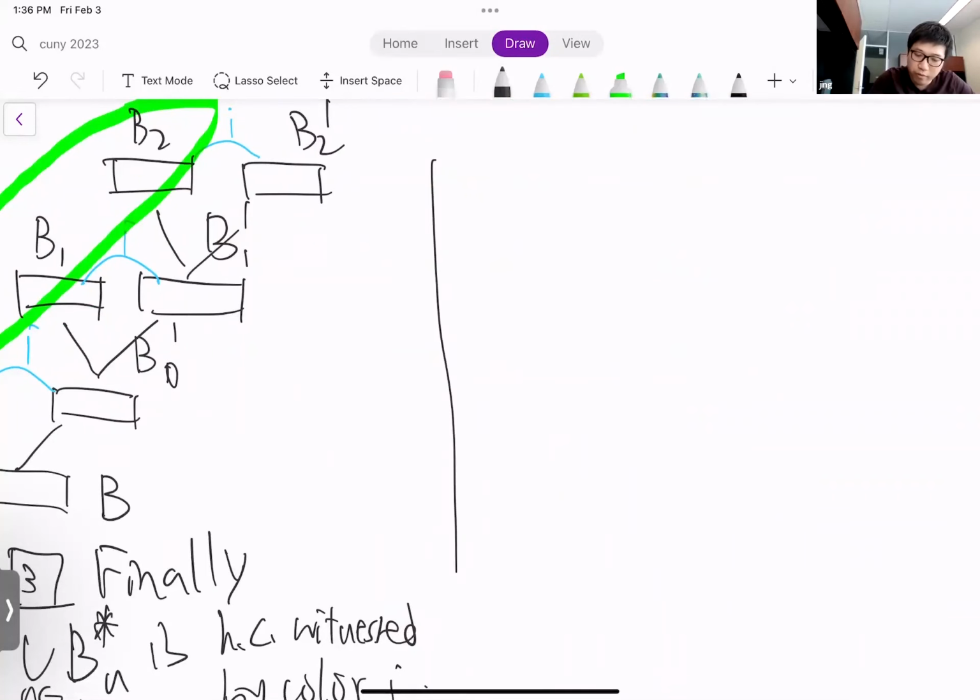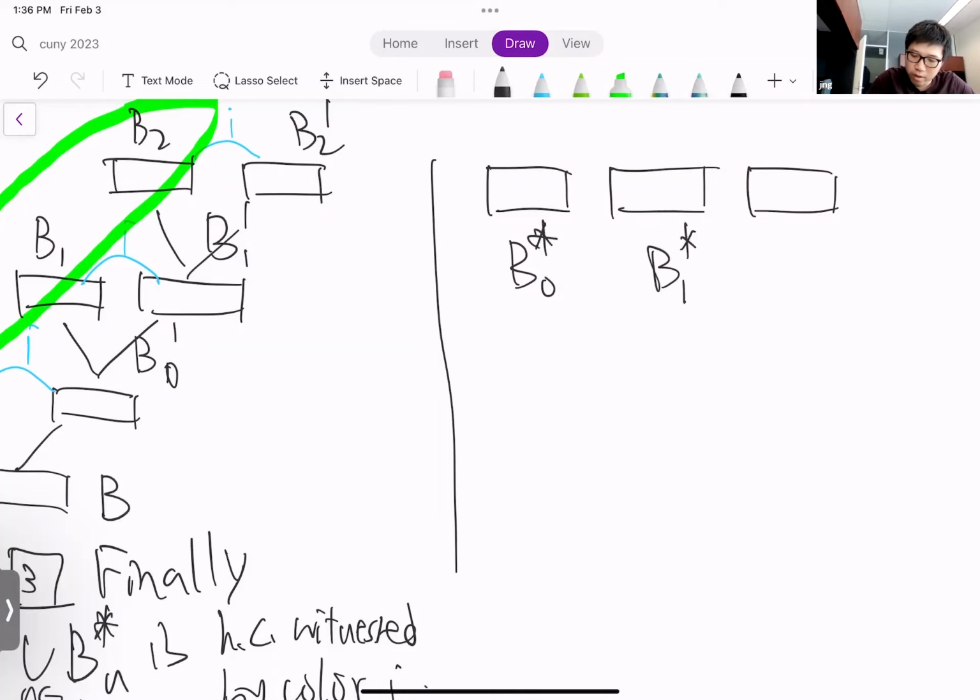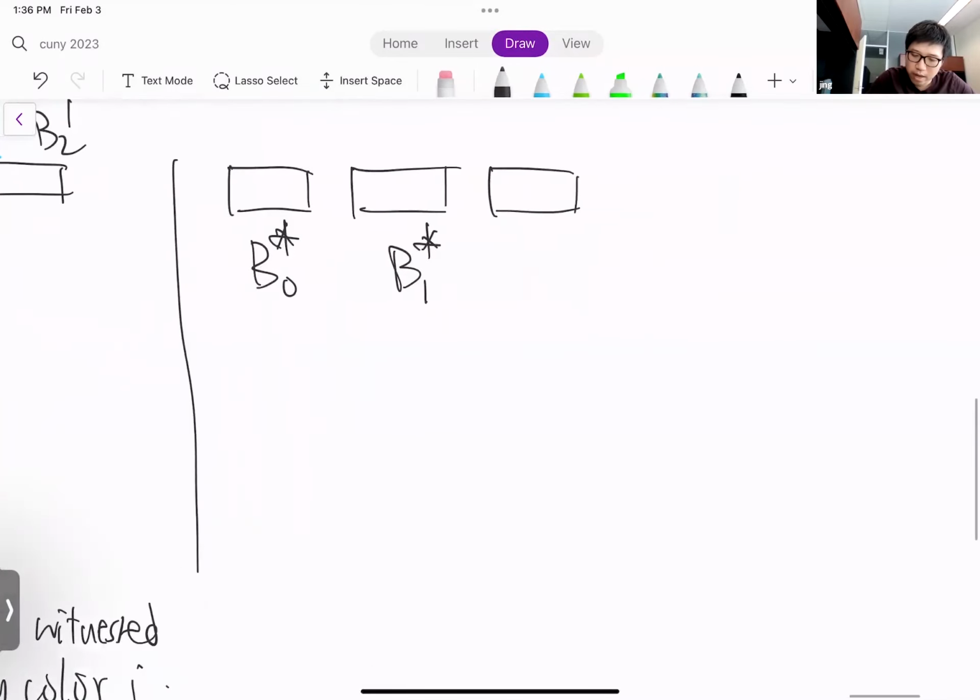After the first step, I have a bunch of blocks of positive sets. So B0 star, B1 star. So I have omega many blocks.